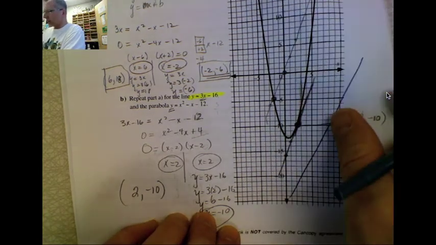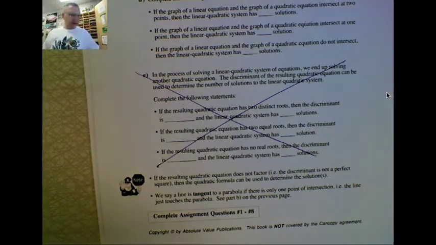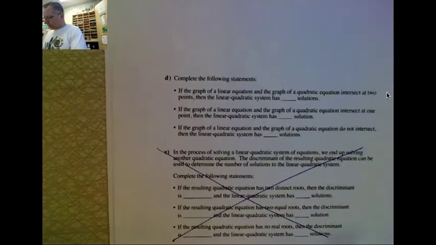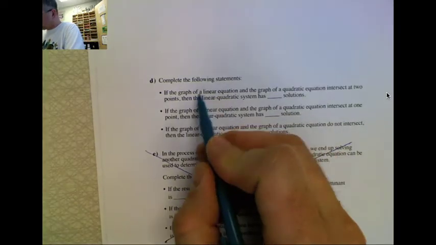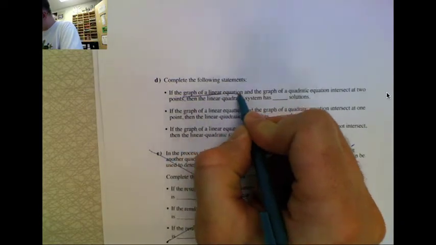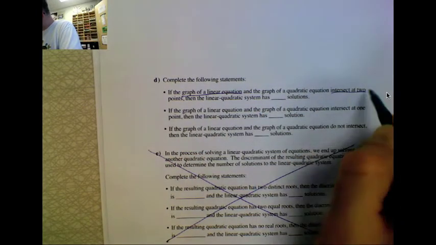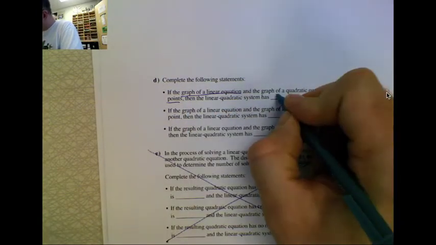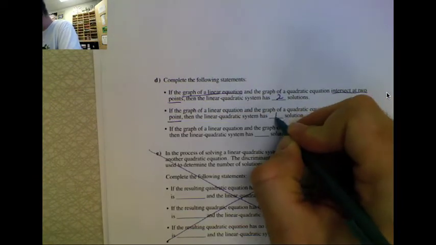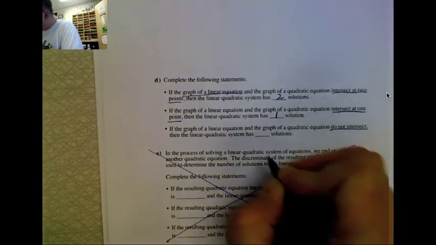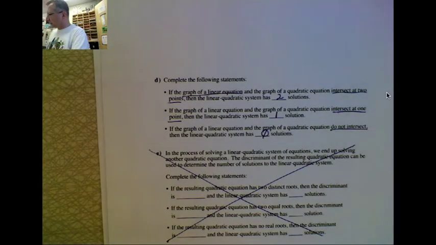So what we're going to do is we're going to summarize this on the next page. So it says, if a graph of a linear equation intersects at 2 points, then you have 2 solutions. If it intersects at 1 point, then you have 1 solution, and if it does not intersect, you have 0 solutions.